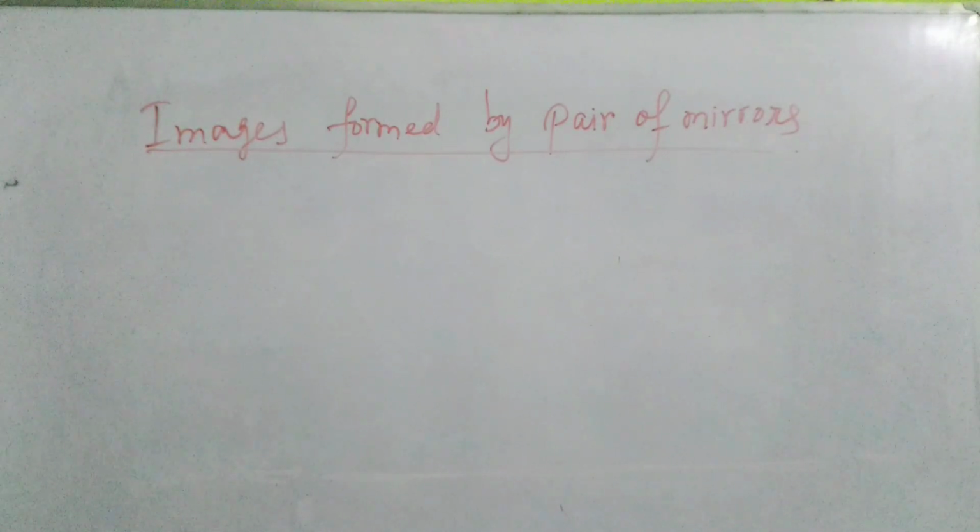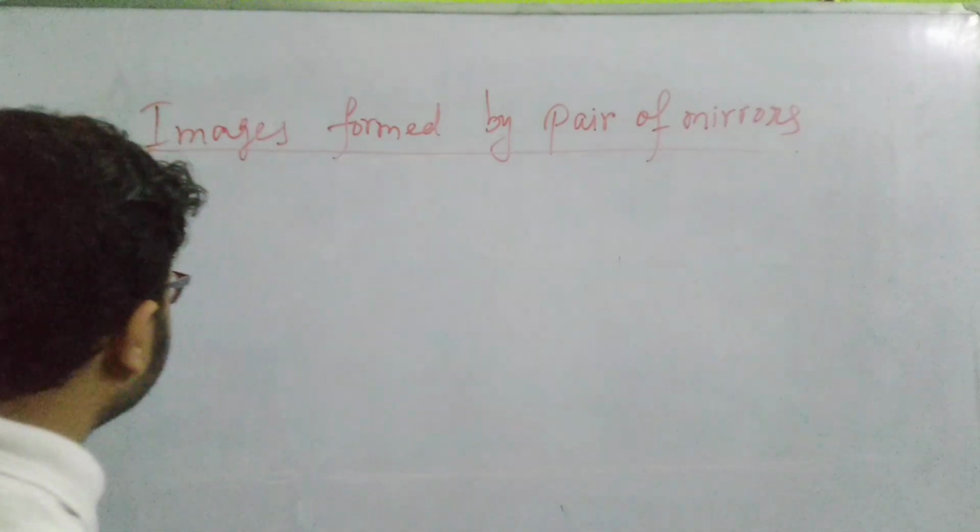Now let us come to the mathematical formulas that give you the number of images formed when such a pair of mirrors are kept. They may be kept parallel to each other, perpendicular to each other, or at any other angle.